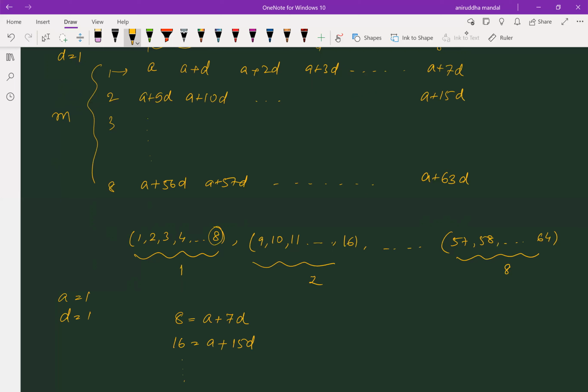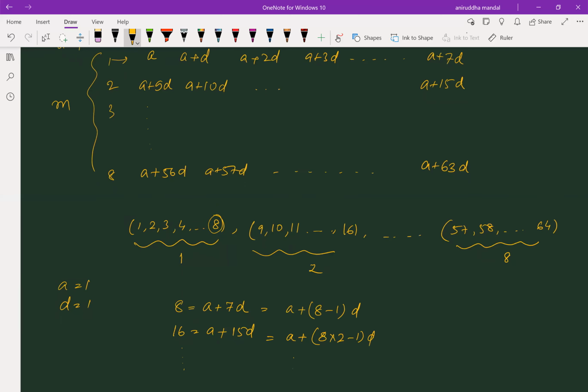And so on. In terms of row, we can write this 8 as 8 into 1, so this is 8 minus 1d. And 16 is a plus 16 minus 1d, that is 8 into 2 minus 1d, and so on.